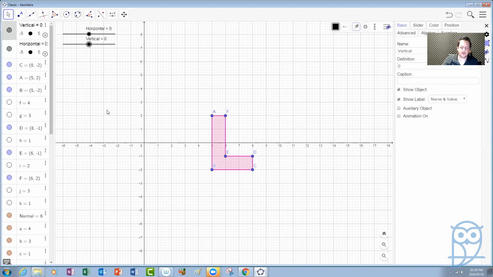So all that's going to happen is your X value of each of these points is going to change if you're shifting horizontally, and your Y value is going to change if you're shifting vertically. Great. Any questions on that?